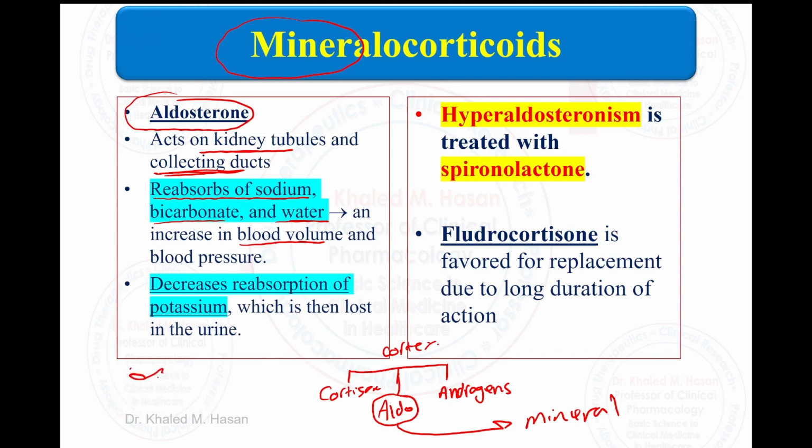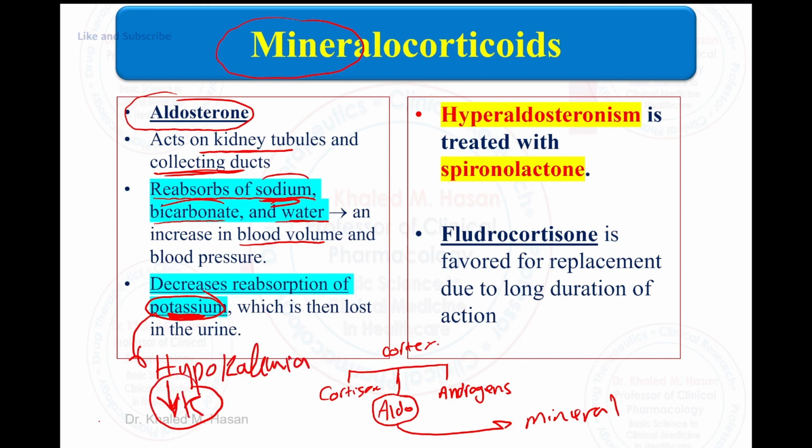Okay, next step. We already covered what happens with these variables: sodium, water, and bicarbonate. Another agent is potassium. Aldosterone retains sodium but, on the other hand, enhances elimination of potassium. So here we talk about hypokalemia, which means a decreased level of potassium in the blood.